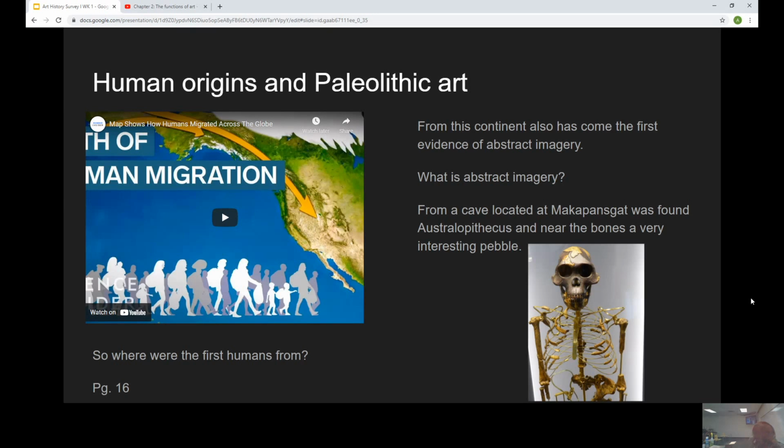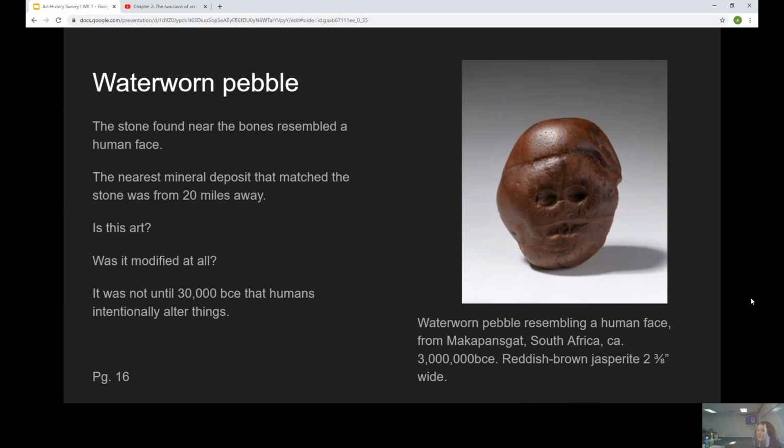The rest of it is the addition. It was not, however, until 30,000 BCE that we can really say for certain humans intentionally made art or artifacts to leave us behind. With this one, we can't tell too well whether it was or not just because it's too old.